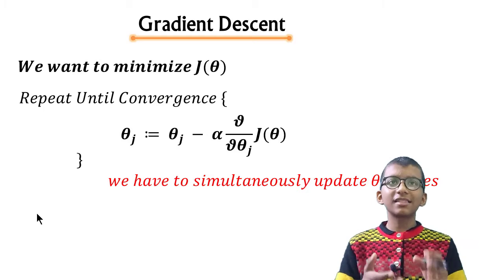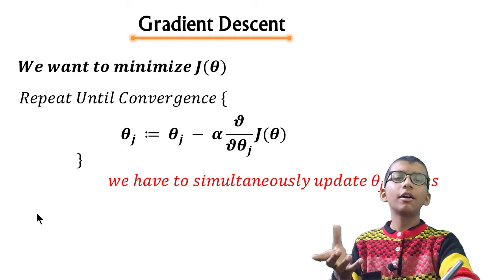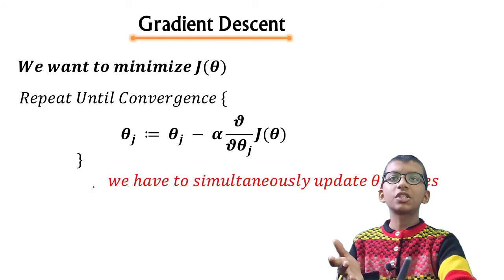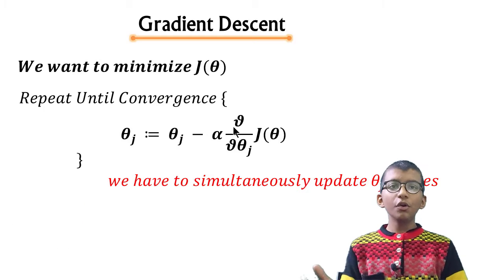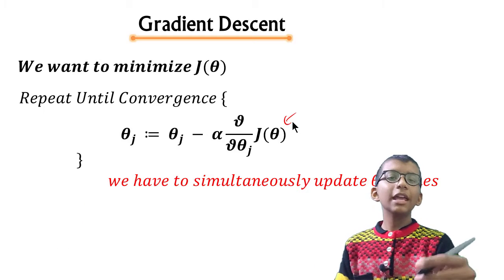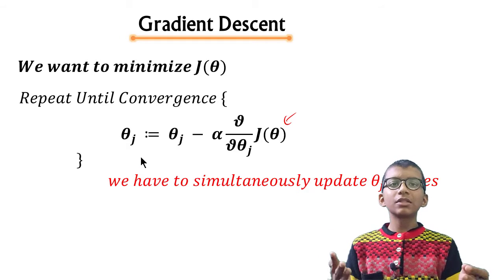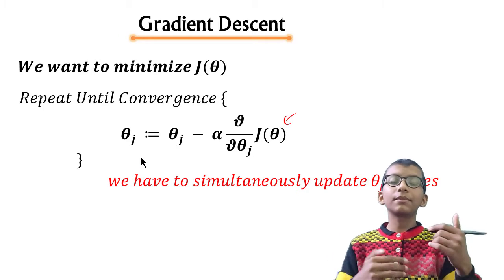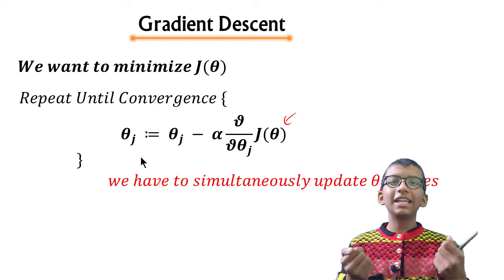So we have theta j minus alpha times the partial derivative of our cost function, j of theta. If you are not familiar with calculus, it's okay. When we take the partial derivative of our cost function, this equation will be very easy to understand.